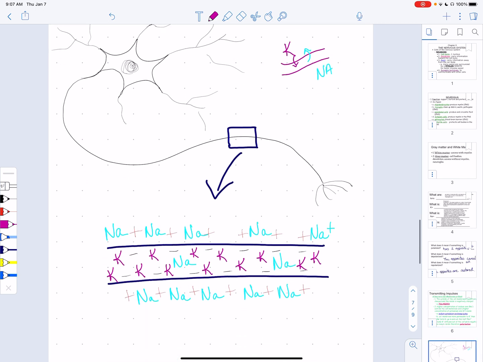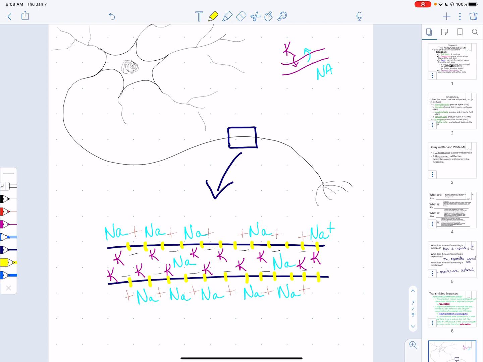So those are going to be in the semi-permeable membrane. And I'm drawing these little yellow lines to show the little channels that go in between the inside and the outside of the cell. All right.